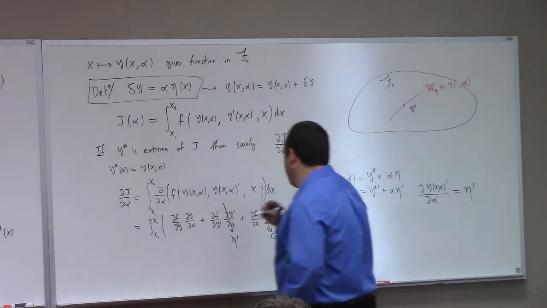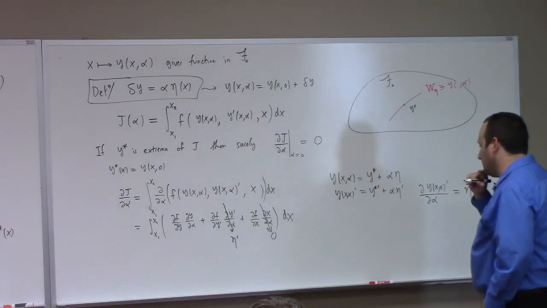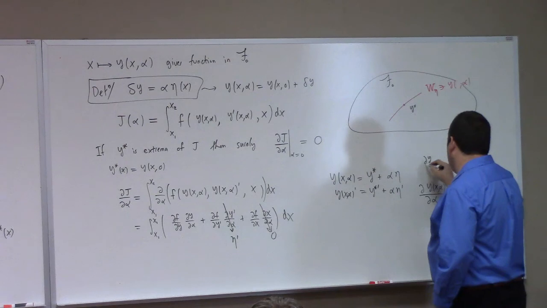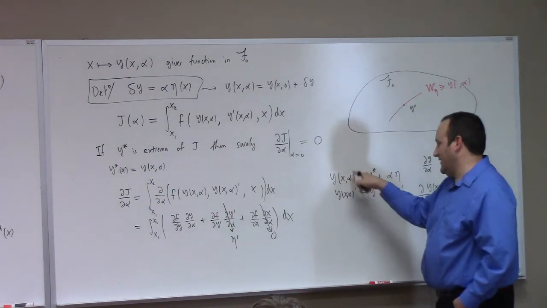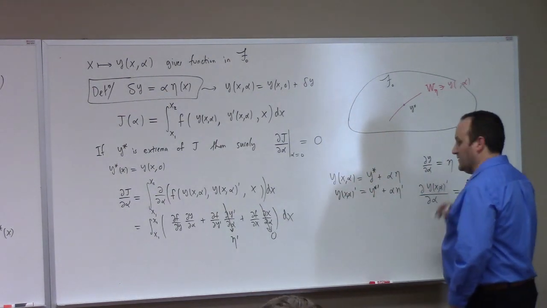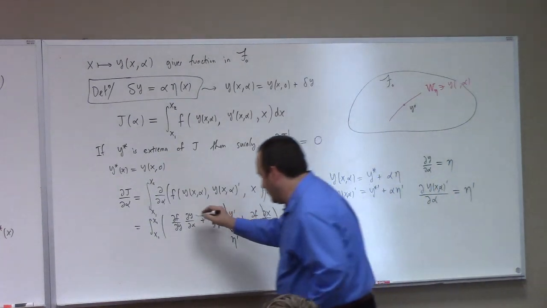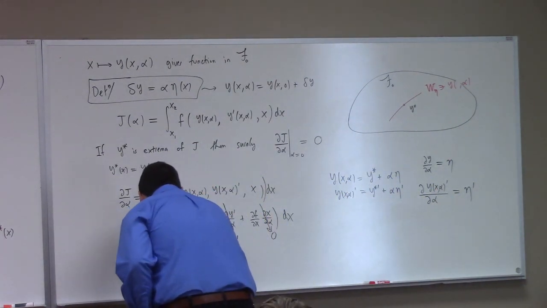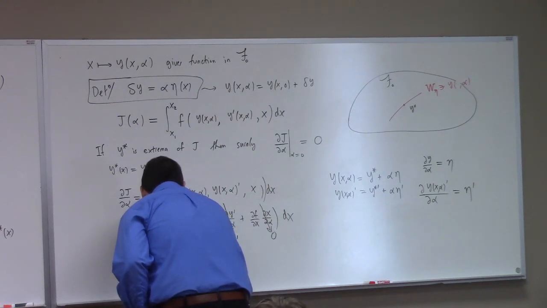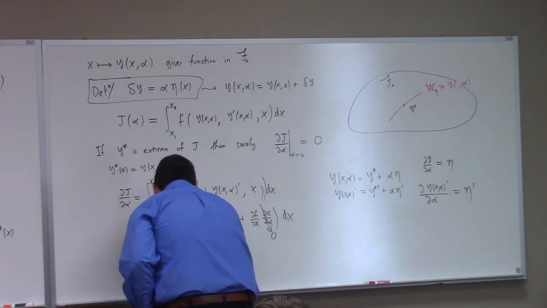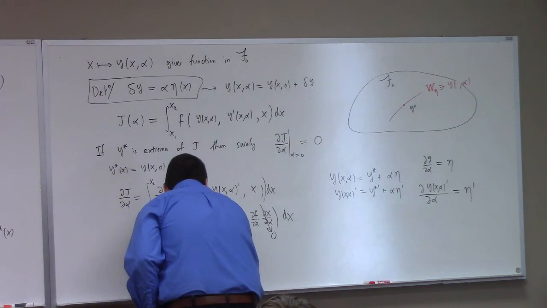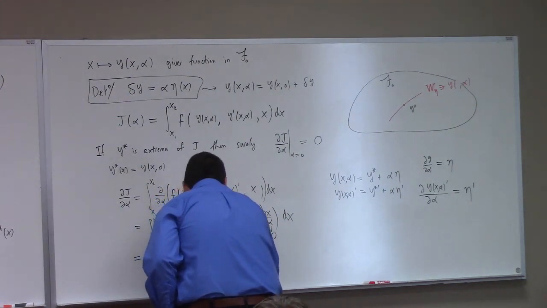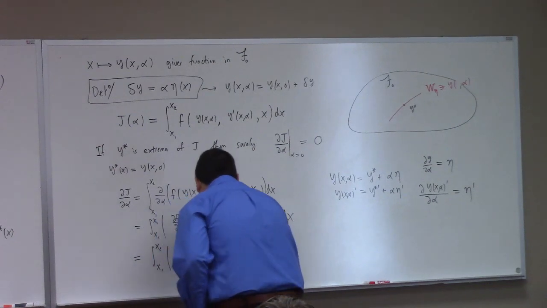What's partial y, partial alpha? This y is just eta. Thank you. So we've got the integral from x1 to x2 of partial f, partial y, eta, plus partial f, partial y prime, eta prime, dx.